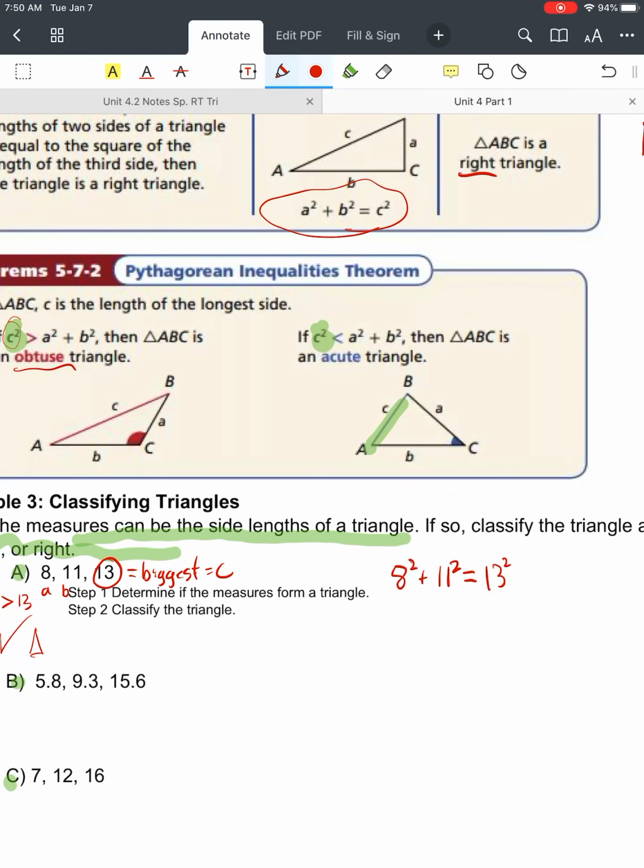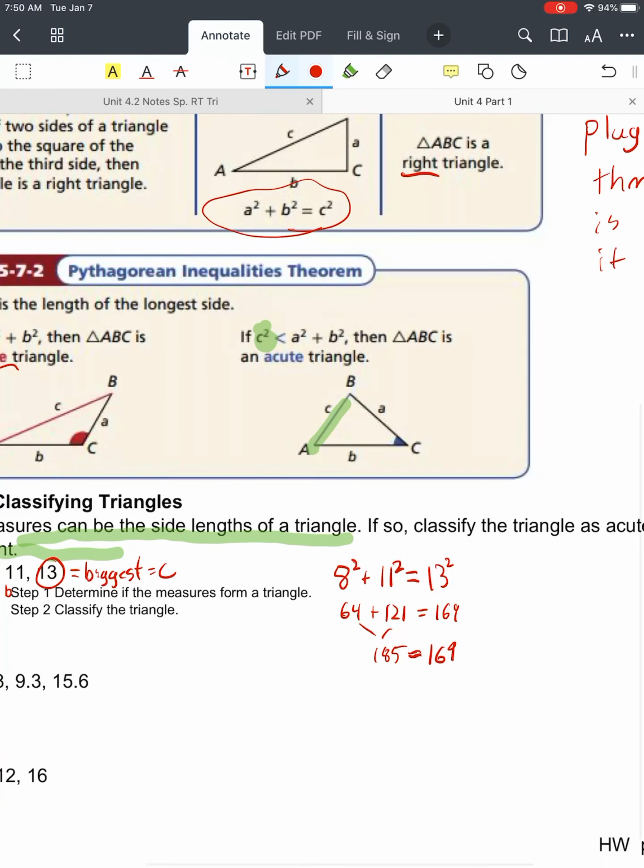If I go ahead and simplify these, 8 times 8 is 64, 11 times 11 is 121, 13 times 13 is 169. Combine these two. When I add, we get 185. 185 does not equal 169. So therefore, this is not a right triangle.